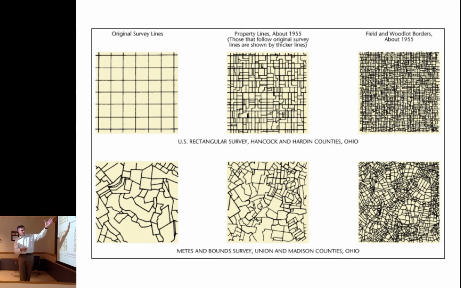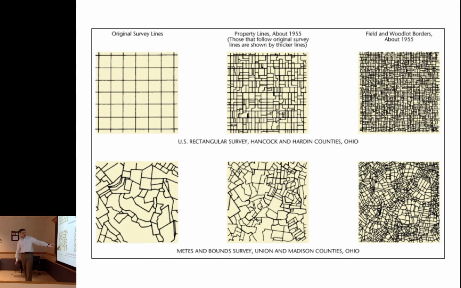And then if you go over to the right side, these are actually things like fields and woodlots and boundaries around 1955. Still rectilinear. Land in the United States, wherever the public land survey is initiated, follows, for the most part, this pattern.